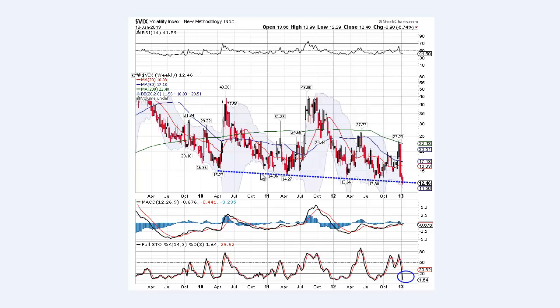This dotted blue line is a long-term falling support trend line on weekly time frame, and we can see that stochastics is actually moving very quickly into oversold on weekly. We could notice as well that every time we were on those levels on a weekly time frame, they usually preceded a bit of a spike or a rally in volatility index.